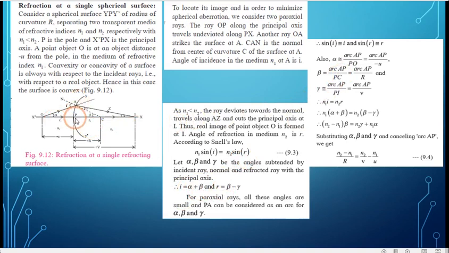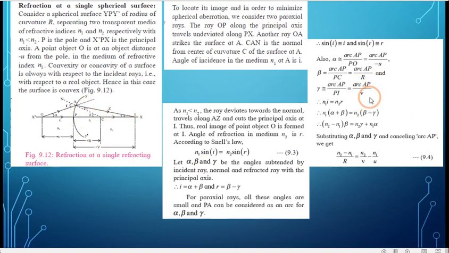Alpha is arc AP upon OP, and the value of OP is minus u, so alpha will become arc AP upon minus u. For beta, arc AP upon PC, but PC is equal to the radius of curvature, that is plus R, so beta is arc AP upon R. And gamma is equal to arc AP upon PI, but PI is plus v, so gamma is equal to arc AP upon plus v.